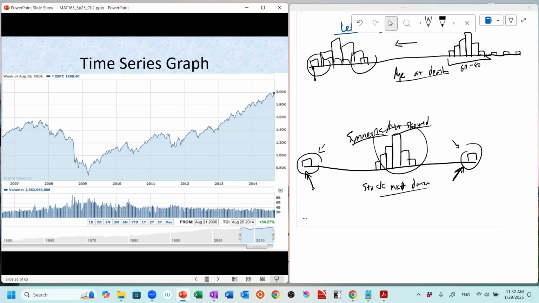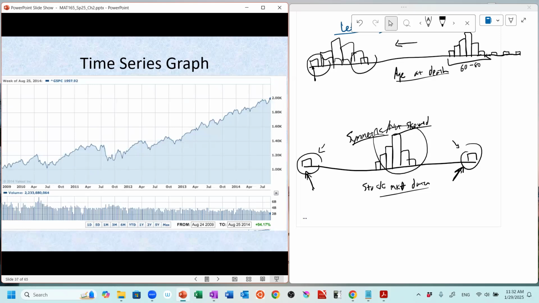And I think it's fair to ask that of somebody else presenting. Okay, you chose these endpoints. Why did you choose those endpoints? And how would the picture change if you went a little earlier or later on either of those endpoints? This tells a very different story than this does.